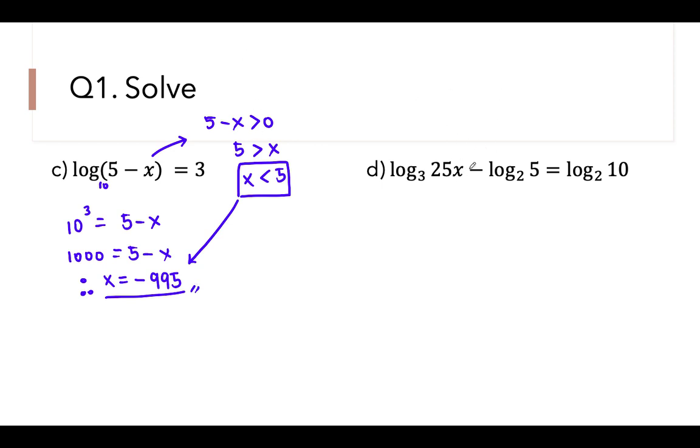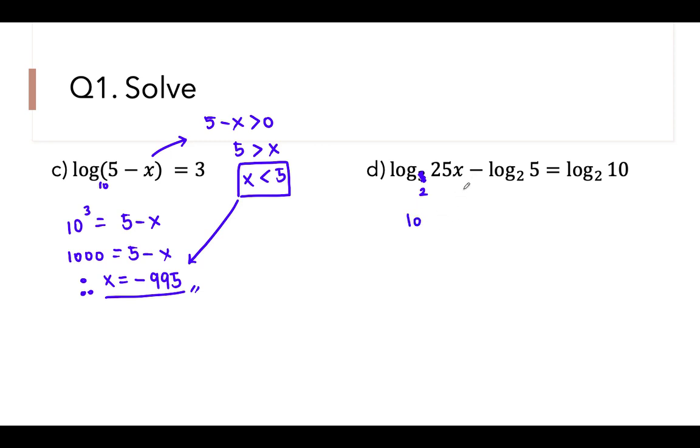Next, we have log base 3 of 2, oh, sorry. It should be the same base. So I'm going to change it into the same base, log base 2. Now, assuming that it's the same base, when you're given more than one term, you've got to use the logarithmic law to put it into a single log.